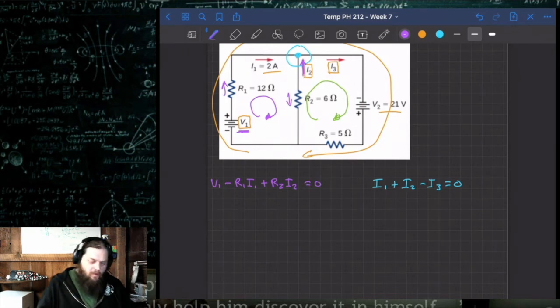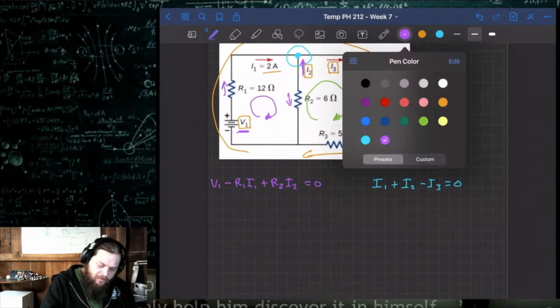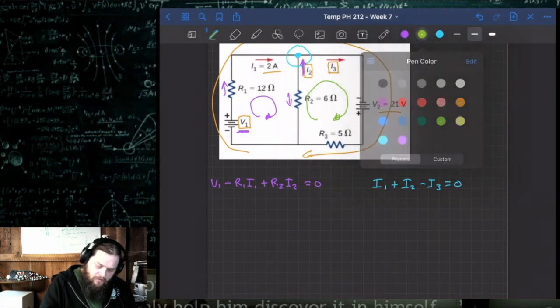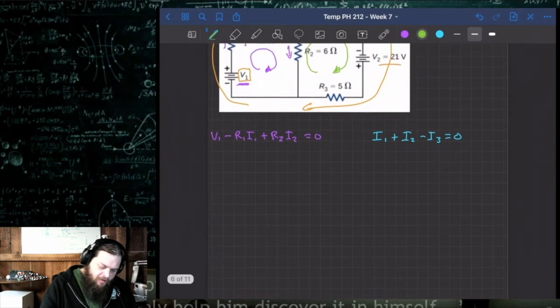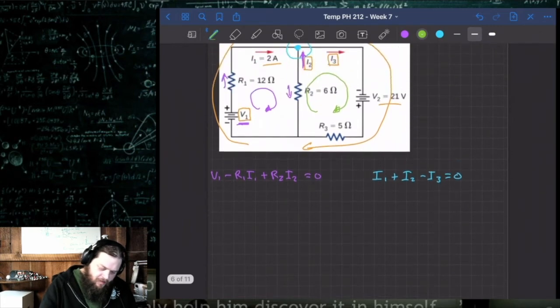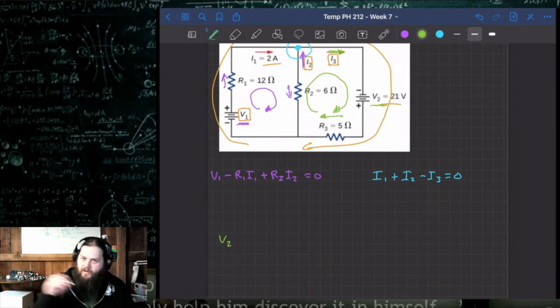We need 1 more equation. That's going to be our green loop. The green loop should be starting, I like to start at voltages, and go in the direction of the voltage. I find that it helps. So our current going this way, because the same current here is I3, it's also going to be going this way, the same direction as our loop is going.